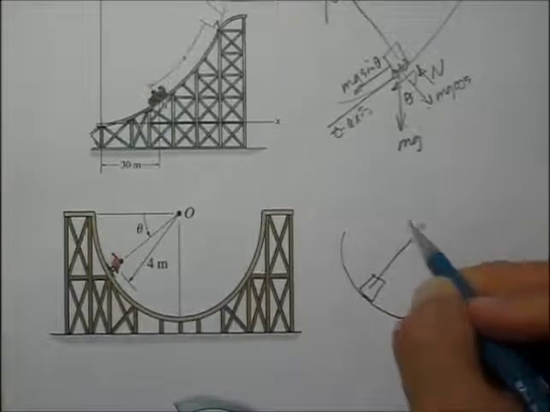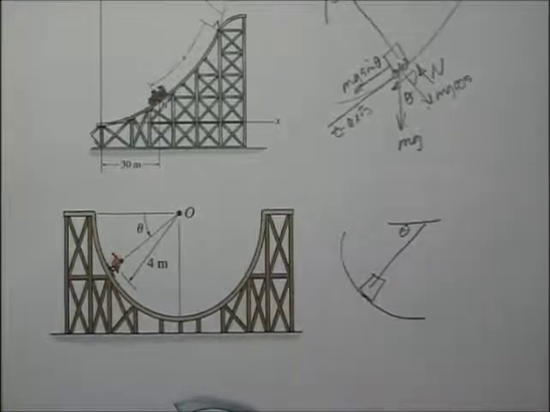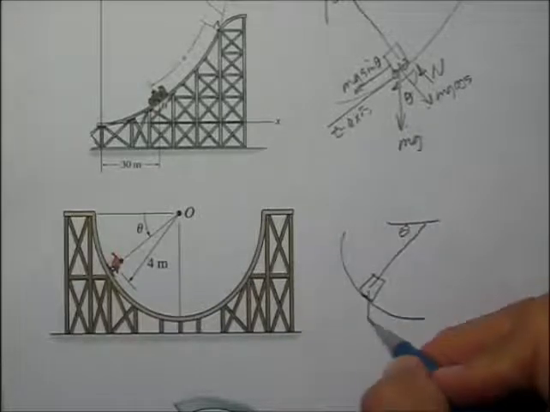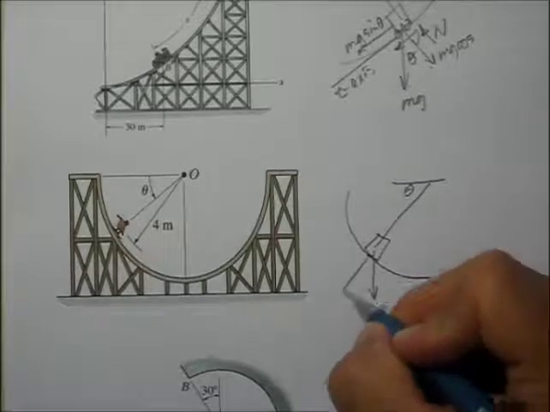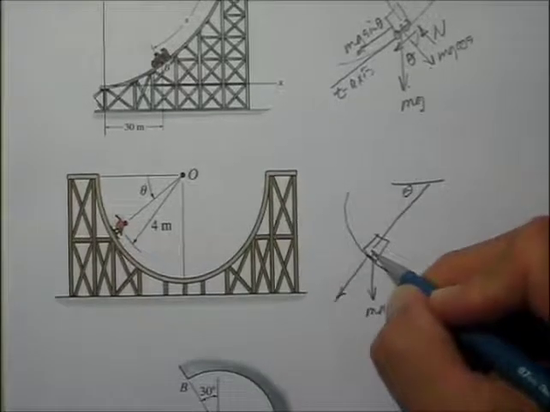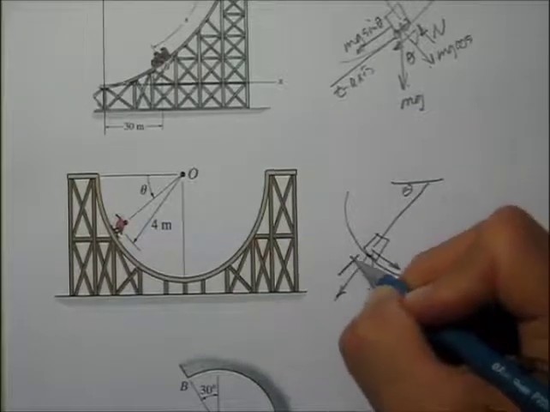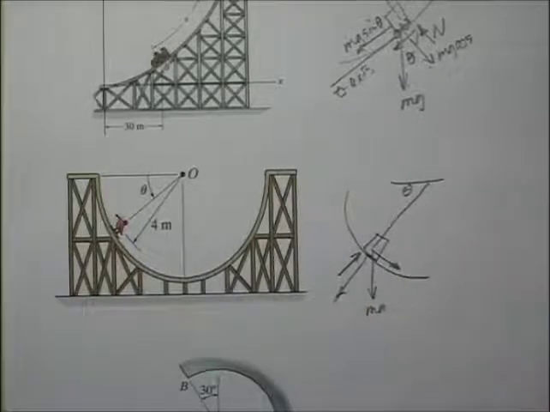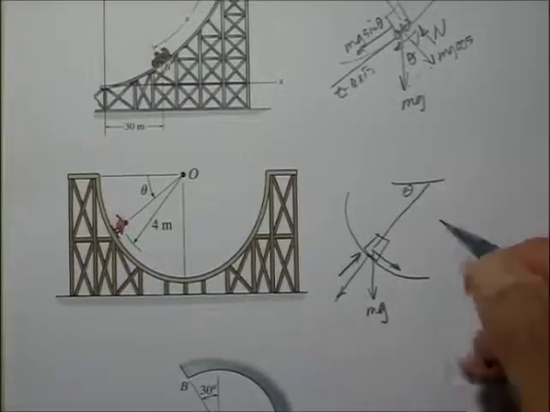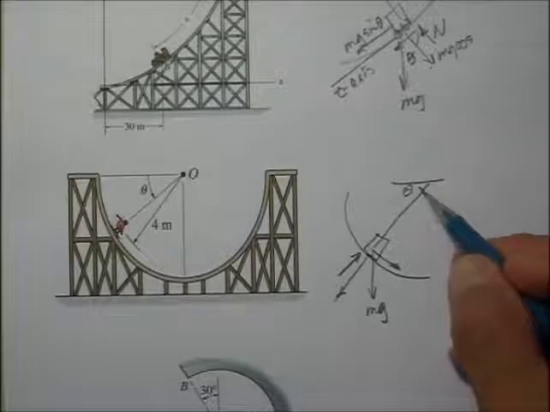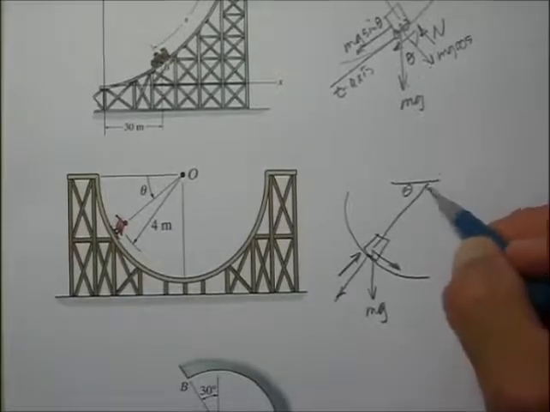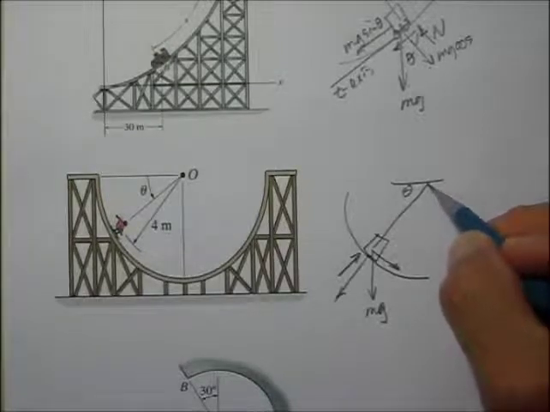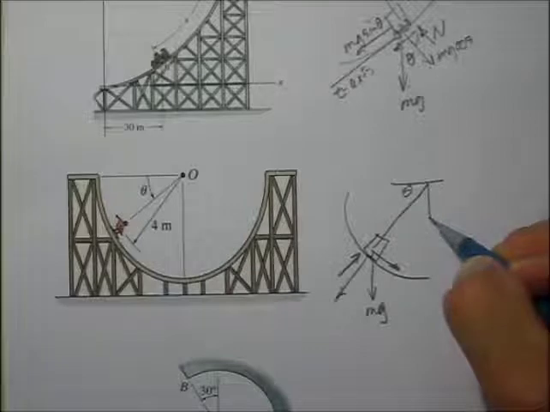In this case, the angle theta is defined with the horizontal instead of the vertical, so it's not much different. You just draw the same mg coming down. You have to draw a component in this direction, a component in this direction, and a normal force. For reference, I believe it's easier to draw it with the horizontal or with the vertical.